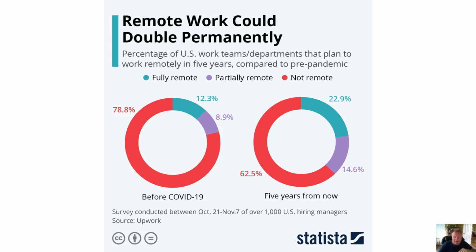And this was pre-COVID. 78.8% of firms surveyed said they don't see remote work in the future. But look at what's happened between them. Fully remote went from 12 to 22, partial went 8.9 to 14.6.